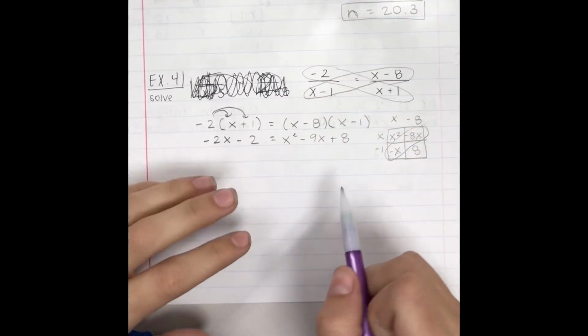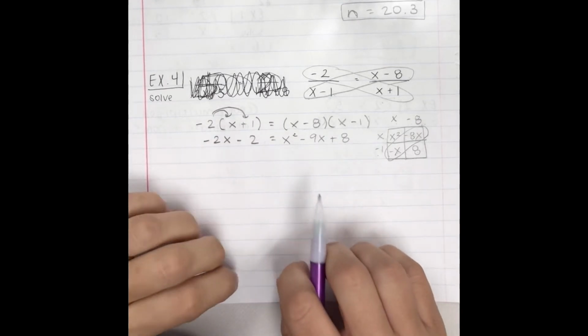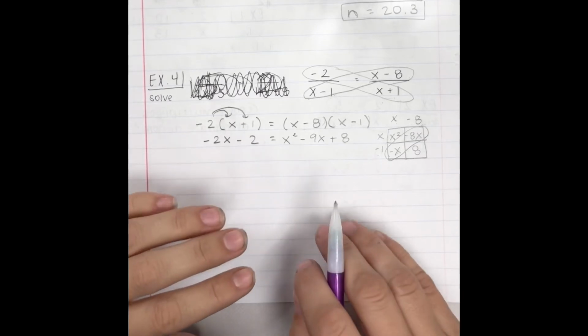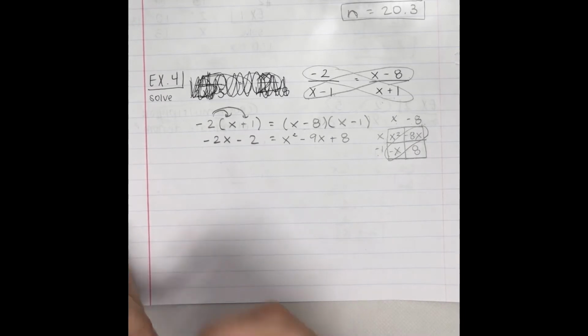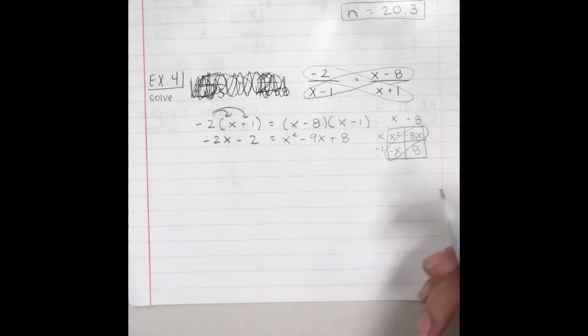All right, this one does require a little more work. I am going to show you how we would work it out. If you are stuck on ones like this, you can use Desmos to help you. The way we're doing it to check our answers, you can actually do it to get your answer, and I'll show you that in a minute. But we could also solve this one.